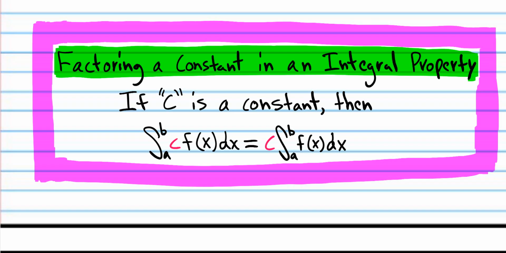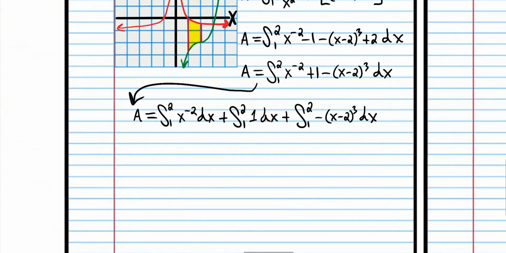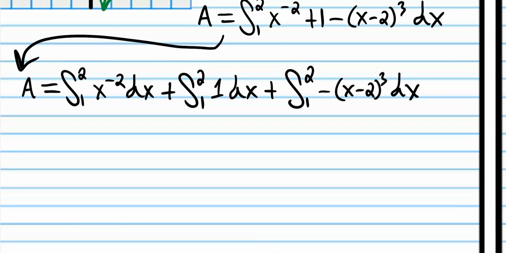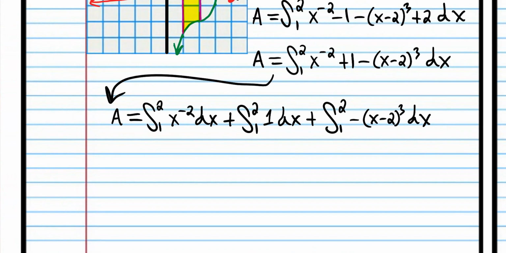Remember, that's this principle here. You see the pink C? If you have a constant, a GCF, something that's common to all the terms, you can just pull it out of the integral. I usually do that because I like the expression in the integral to be as simple as possible when we find the antiderivative, but you can also leave it in there. That's fine.